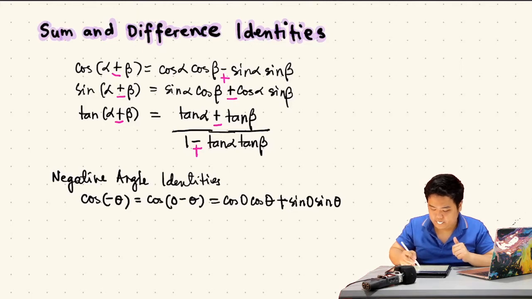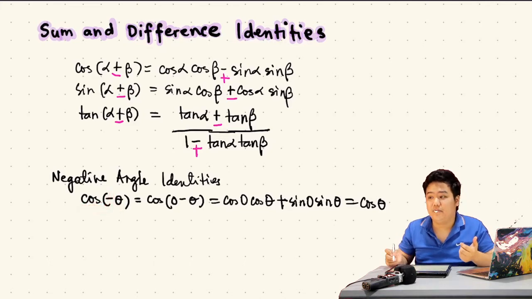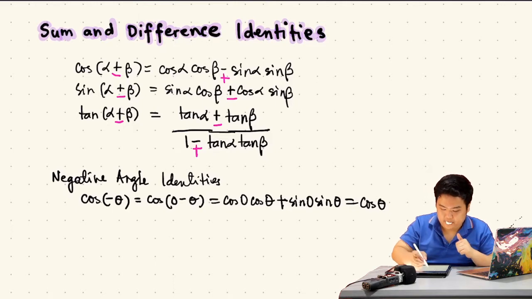And sine 0 is 0, so wala na tong part na to. And cosine 0 is 1. So, ang answer dito is cosine theta. So, ang moral ng story dito is cosine of negative nung something, pwede mo nang i-omit agad yung negative. Yun yung masaya doon.